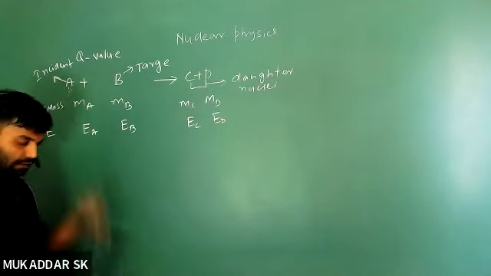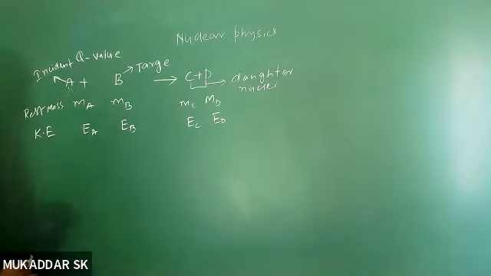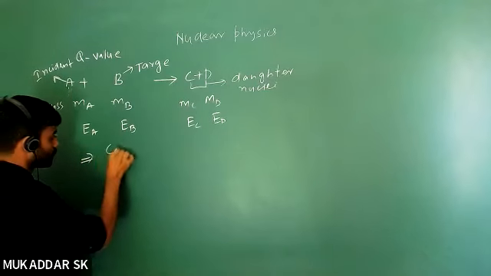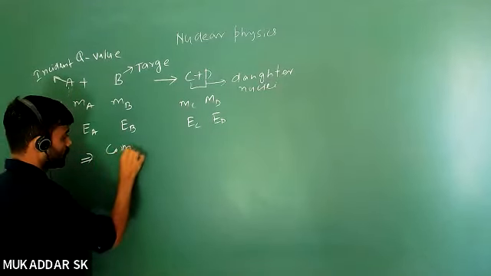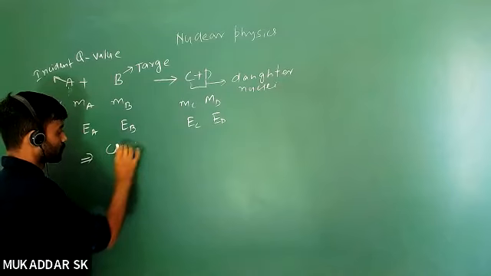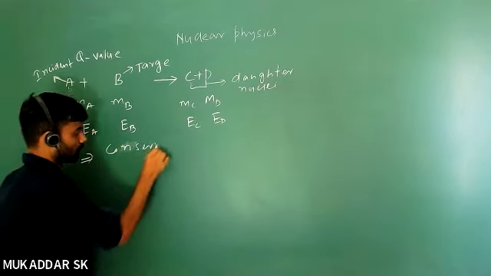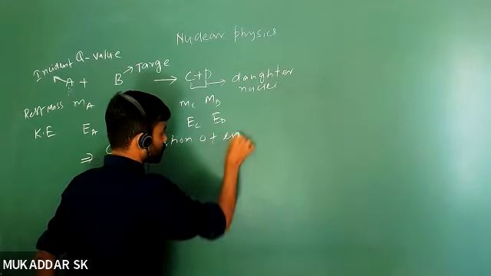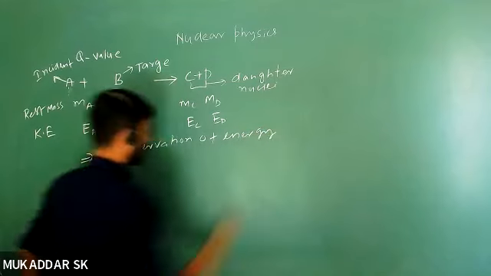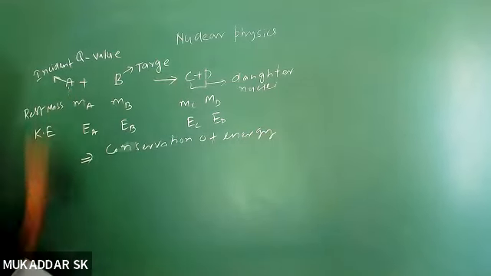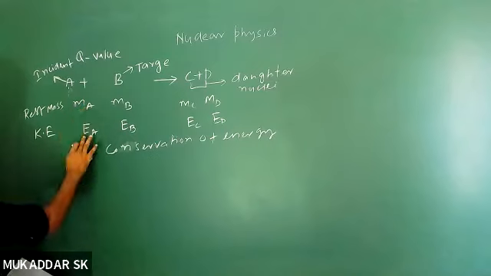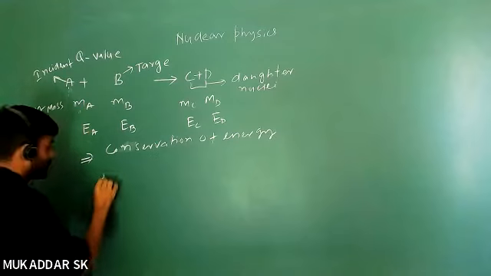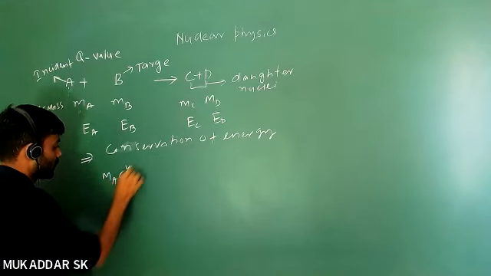So energy is conserved in nuclear reaction, right? So what you can write from here, from conservation of energy, that total energy of a nuclei is its rest mass energy plus kinetic energy, right? Since rest mass is Ma, rest mass energy will be Ma c square.